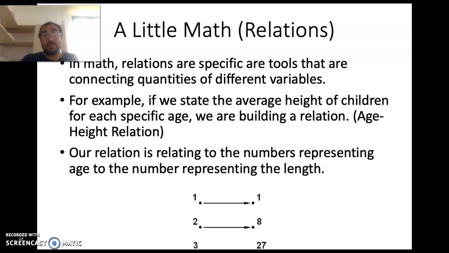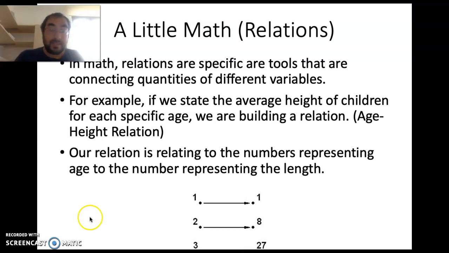A relation is a way to connect numbers that represent something to numbers that represent something else. In a pure mathematical sense, those are numbers in different planes.